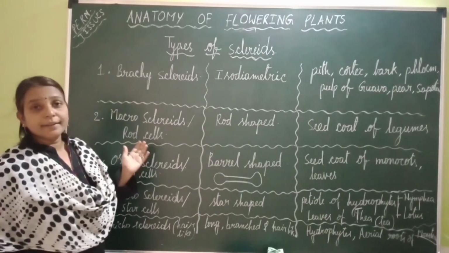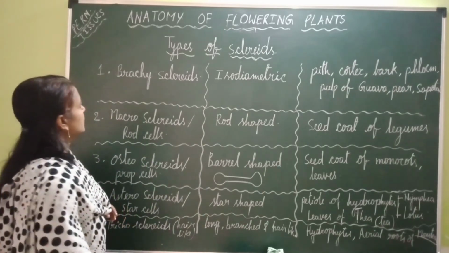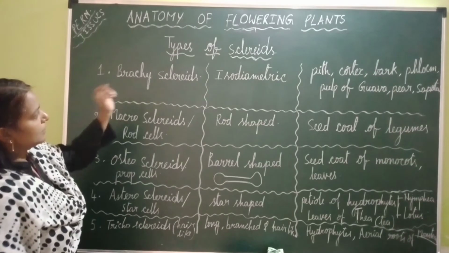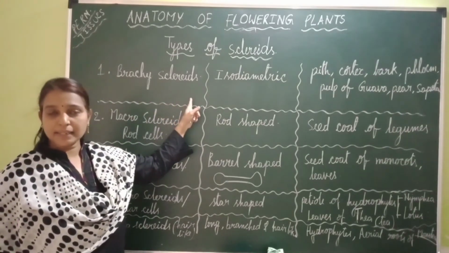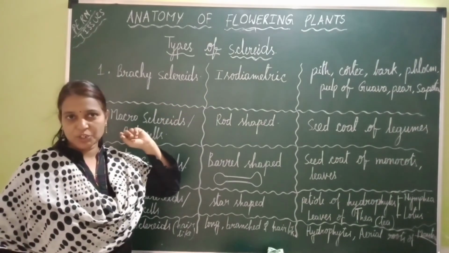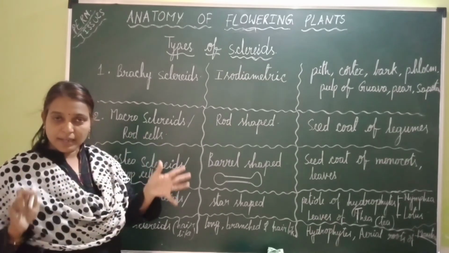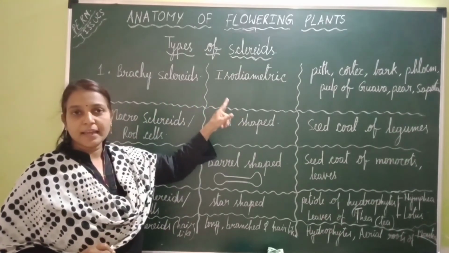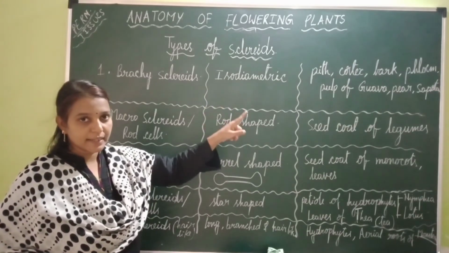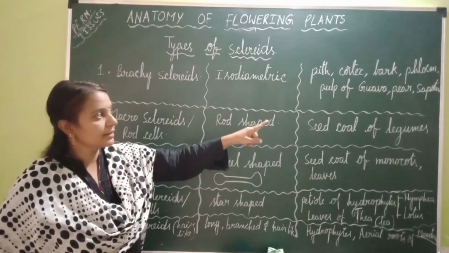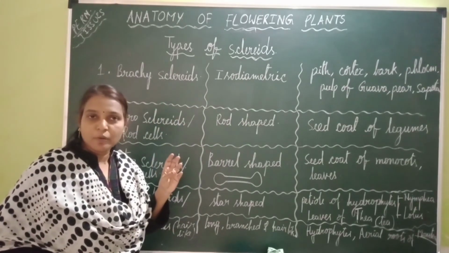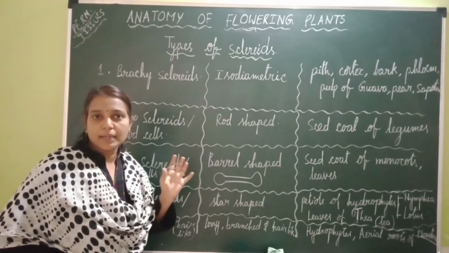Now let's study different types of sclerids. Sclerids are of five different types on the basis of their shape. Brachysclerids are isodiametric in shape, that means they are similar at all sides. They are present in pith, cortex, bark and phloem, and also in the pulp of fruits like guava, pear and sapota.